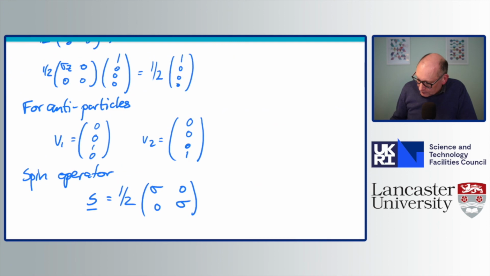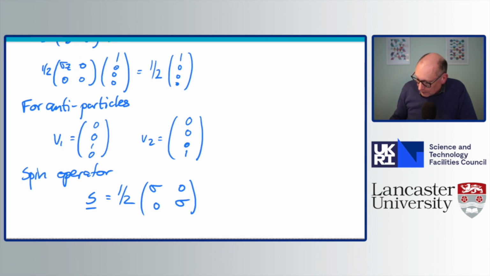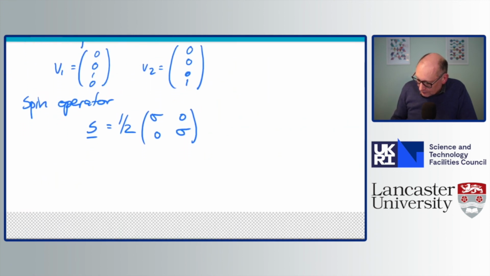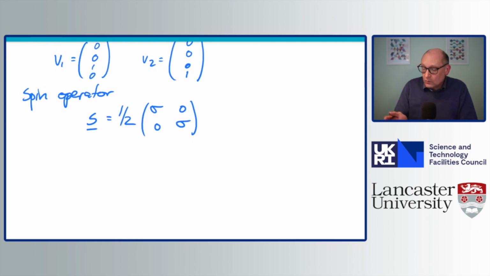Well, it gives us the eigenvalue a half when operating on the states plus minus a half. What else do we need the spin operator to do? Well, when we square it, it needs to give us 3/4. We can check that explicitly.